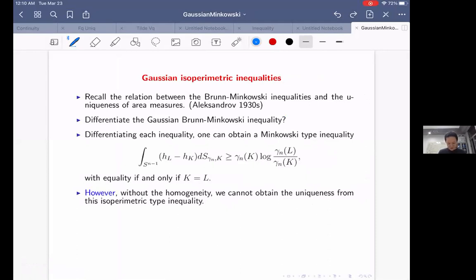Actually, it works. We can obtain the following Minkowski type inequality, and there are equality cases. But we cannot derive the uniqueness from this inequality because of the lack of homogeneity.